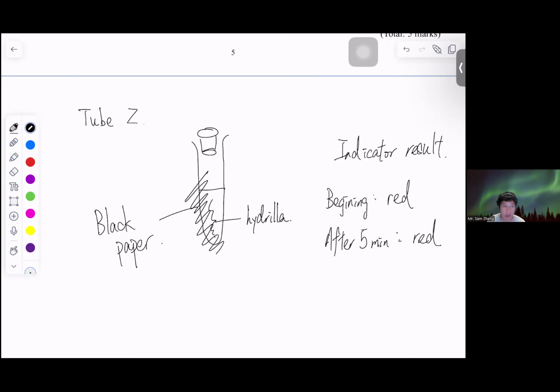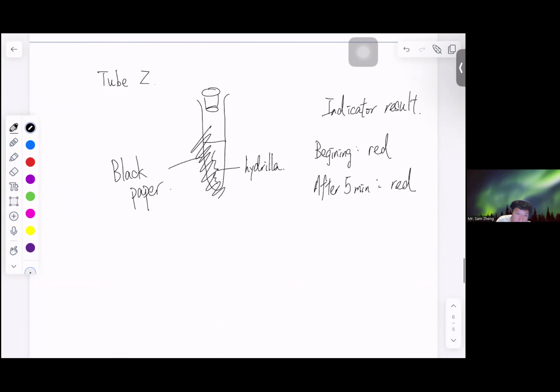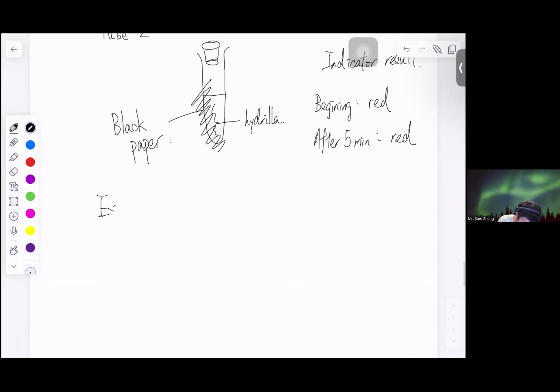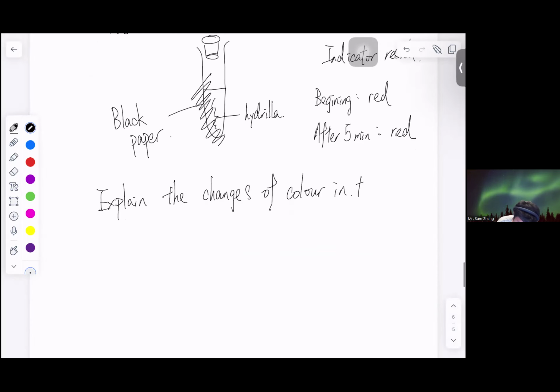Then in this case, can you help me use the same sentence pattern to explain the change of color in the indicator? Why will there be a change of color in the indicator?